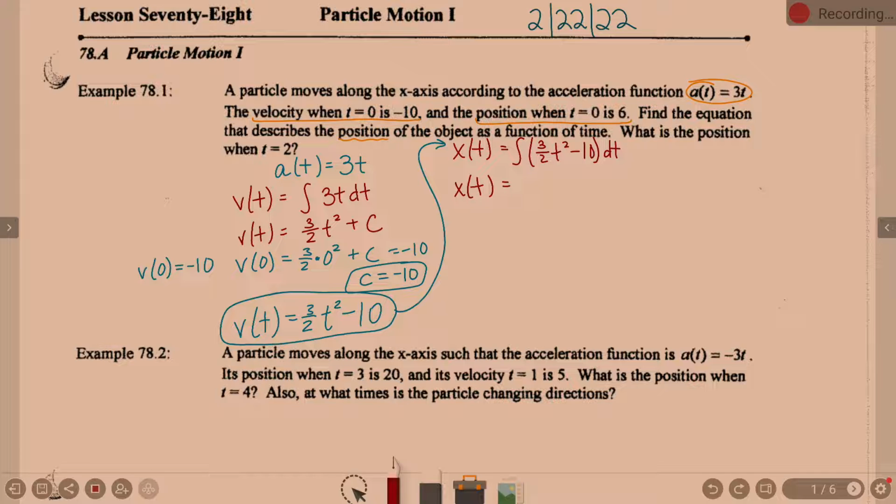Integral of 3/2 t squared: add 1 to the power, becomes t to the third. Divide by that 3, and that 3 will cancel. So 1/2 is still there, t to the third, minus 10t plus c.